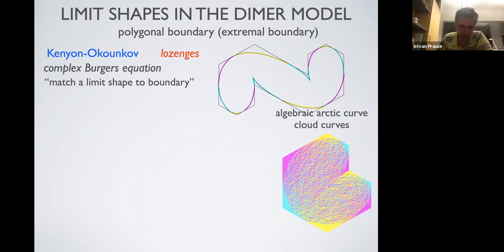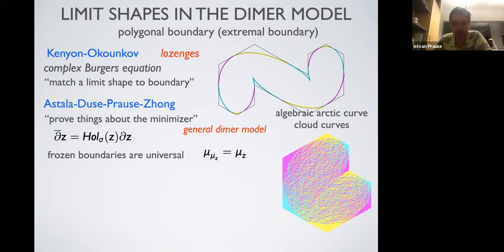Now we studied with Kuchumov, Erik Duse, and Tomas Berggren the same kind of problem for a general dimer model, but from a little bit of the opposite point of view, namely that there is a unique minimizer, so we know the minimizer exists, and then we can start to prove more and more things about the minimizers.